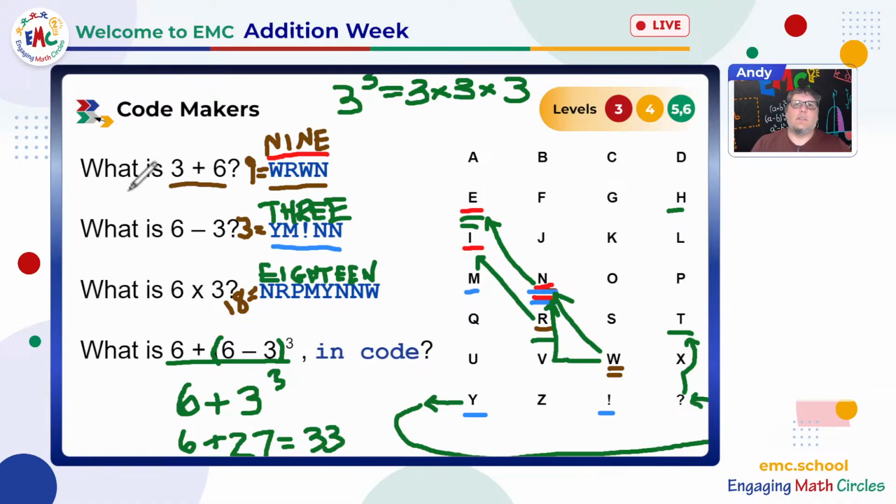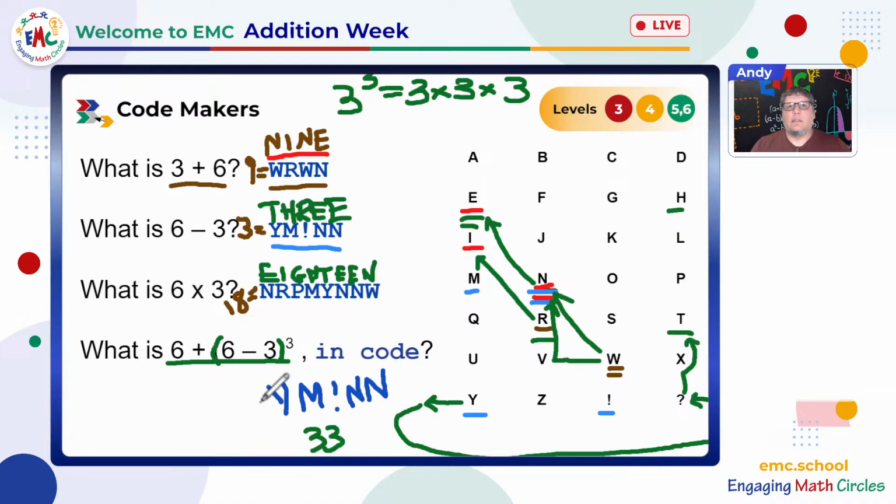Now we just have to write it in code. Okay, we already know the 3 part of 33. It's going to end in YM exclamation mark NN. And we're going to have a hyphen in there, and we need to write out 30 now.